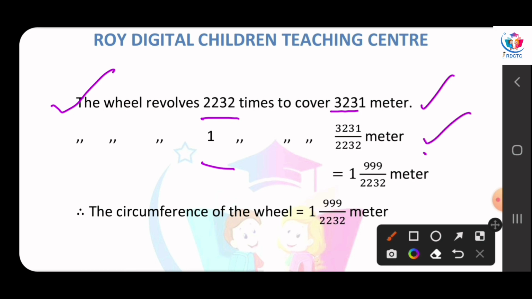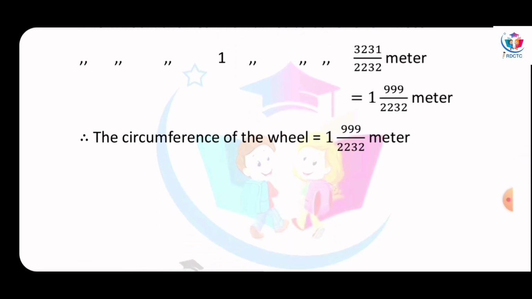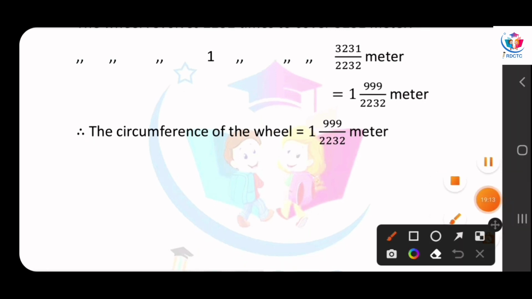And after dividing the number we get 1/999 by 2232 meter. It means the circumference of the wheel is 1/999 by 2232 meter.